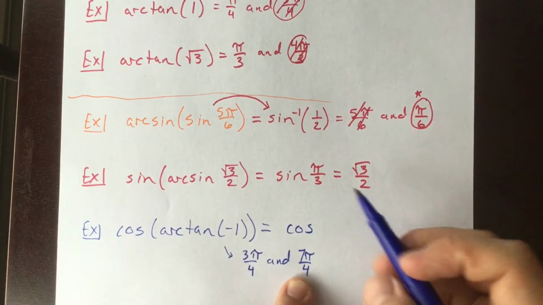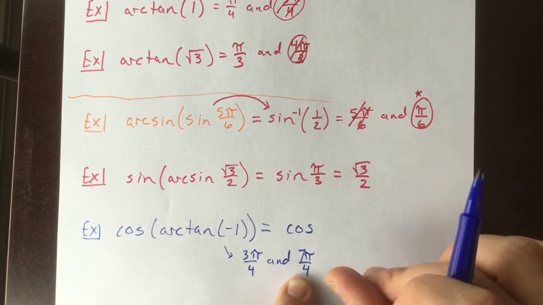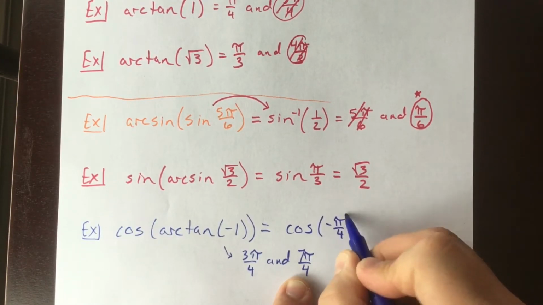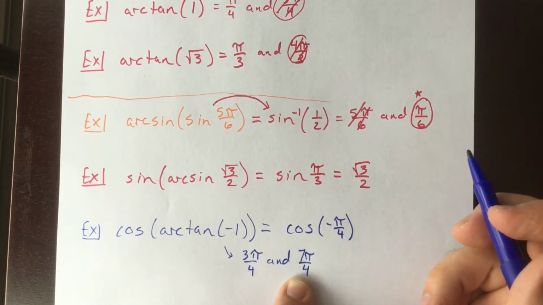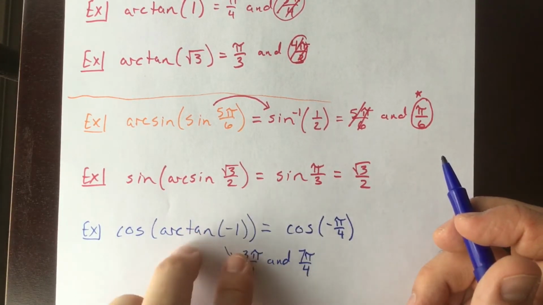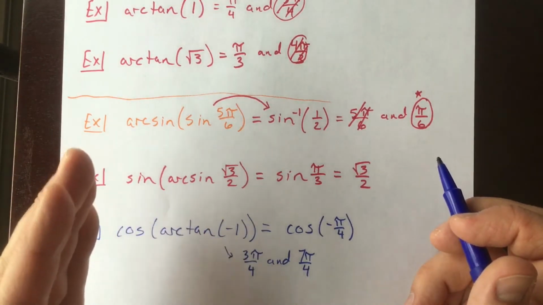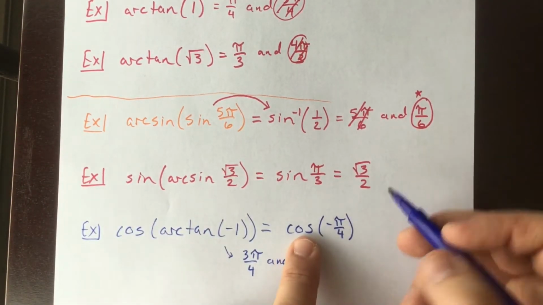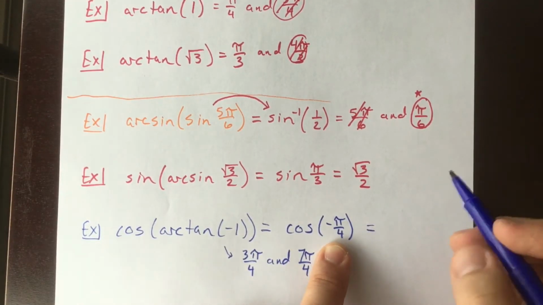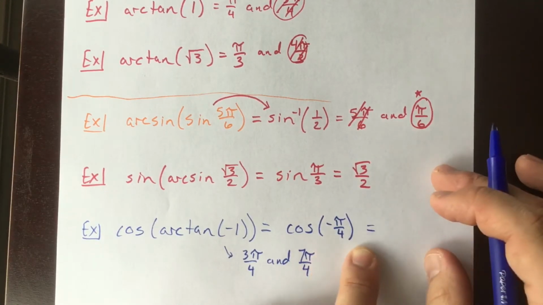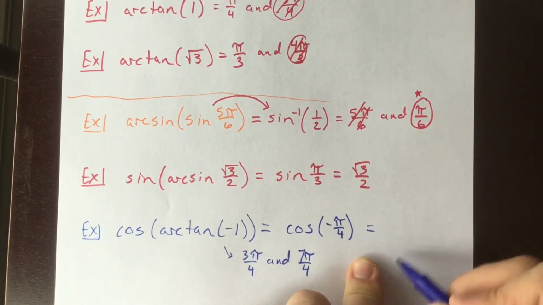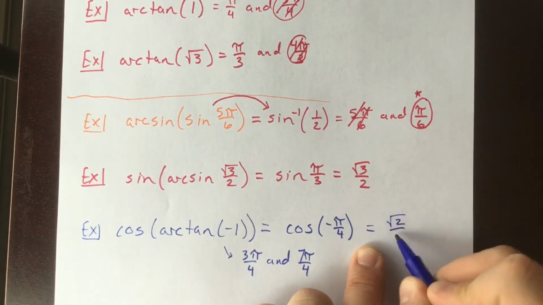But 7 pi over 4 we would have to convert to negative pi over 4, because the range for tangent is from negative pi over 2 to pi over 2. So the cosine of negative pi over 4: negative pi over 4 is in the fourth quadrant, so we are positive square root of 2 over 2.